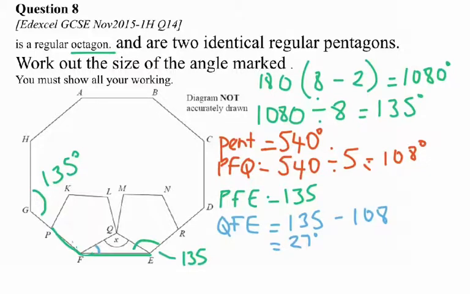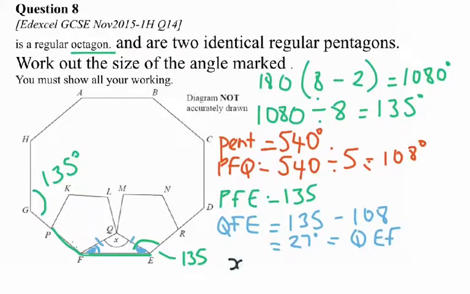Okay, so I now know then that QFE is also equal to angle QEF because it tells me that I have got two regular pentagons. So I know that that length and that length are equal. So I'm also going to label that on the diagram. So I've now got two base angles in an isosceles triangle. So to work out angle X, let's see what colour we've not used. Let's go to that blue.